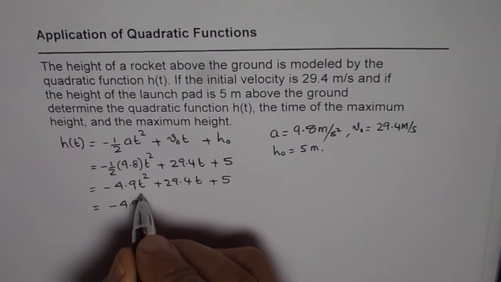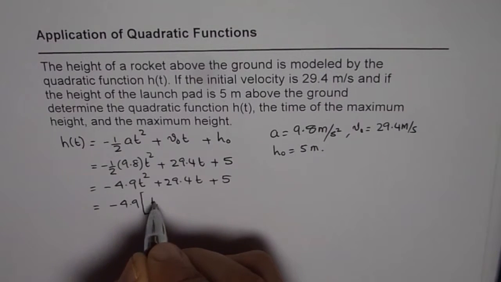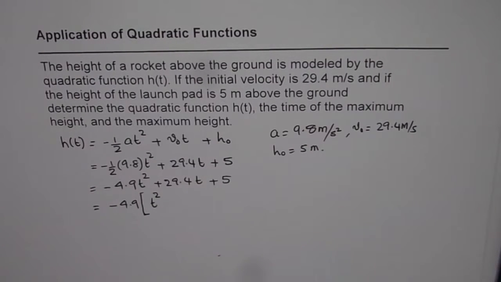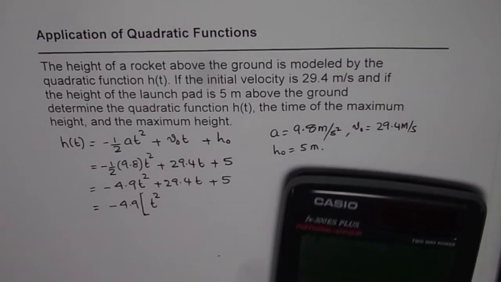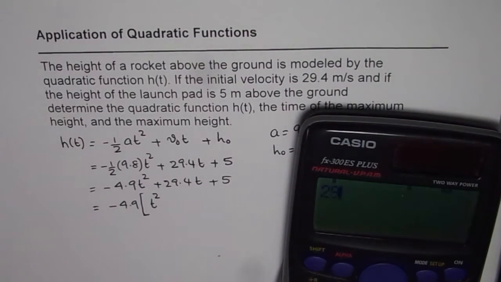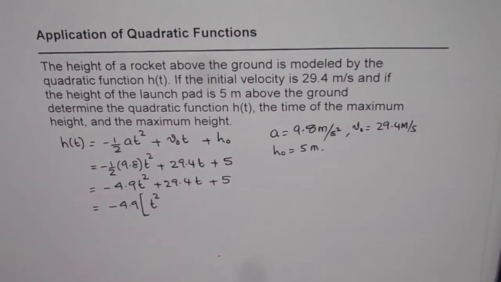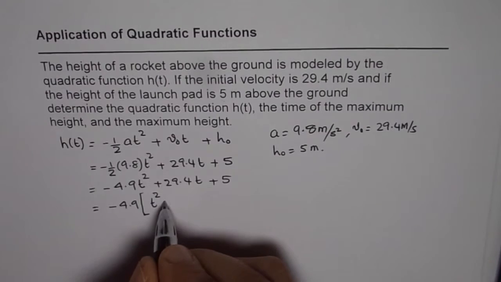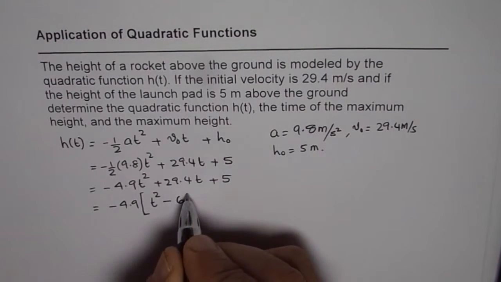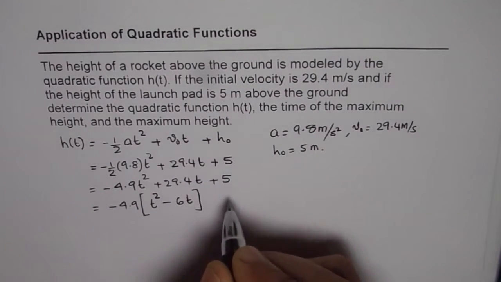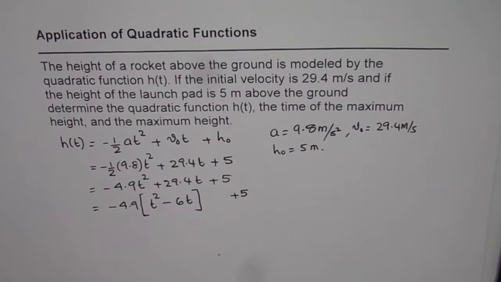So we are left with, let me put square brackets, t squared. And let's divide 29.4 by 4.9, which equals 6. Because we took minus outside, we'll say minus 6t. And plus 5, let's keep it outside.